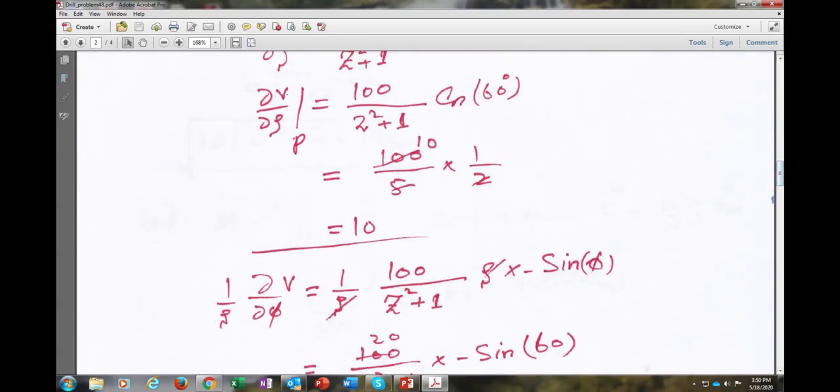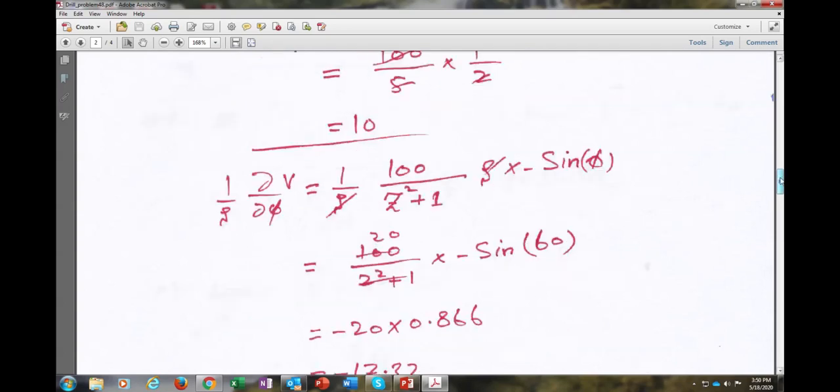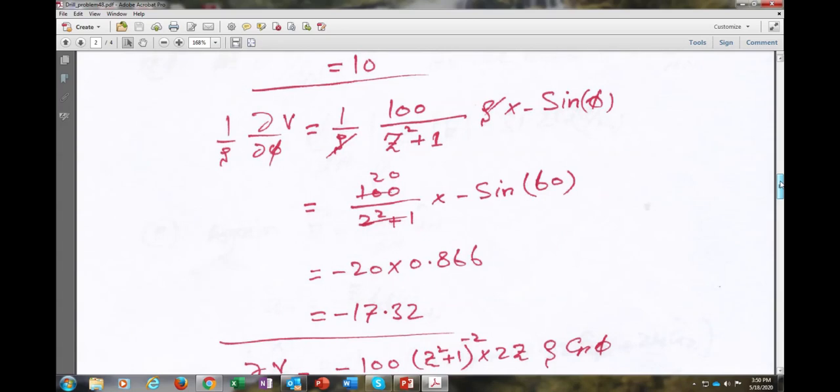So the variation of V with respect to rho at P point is equal to 10, and then evaluate the second term, differentiate the given potential with respect to phi, and then plug in the values of rho, phi, and z, and we finally come across this value, that is minus 17.32.